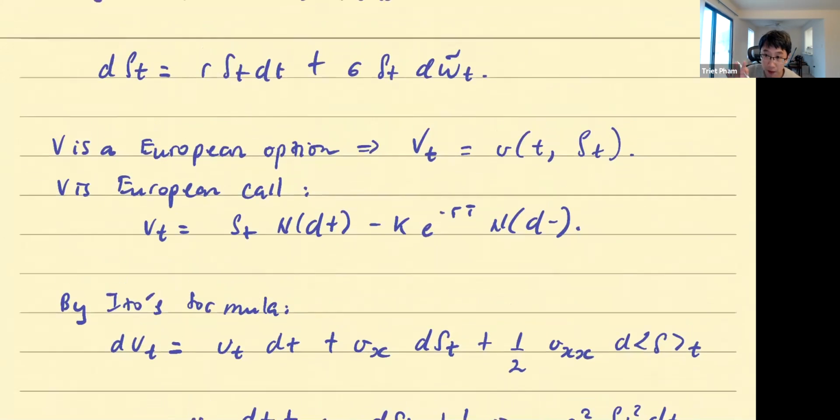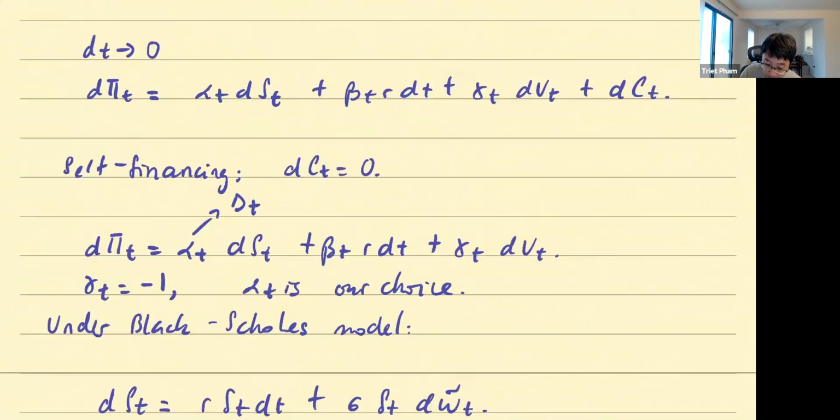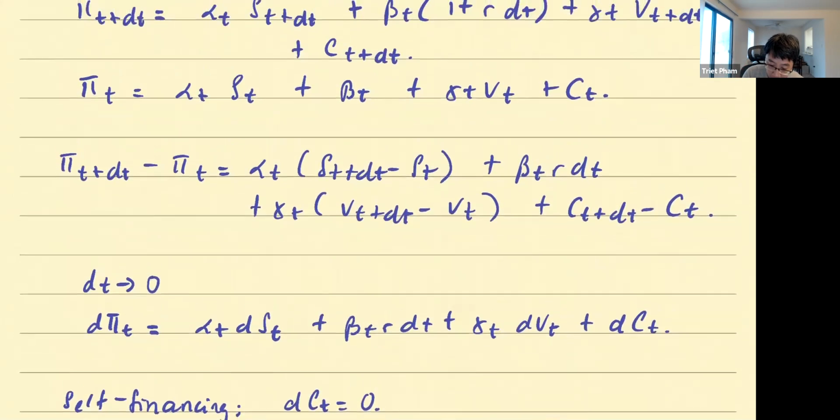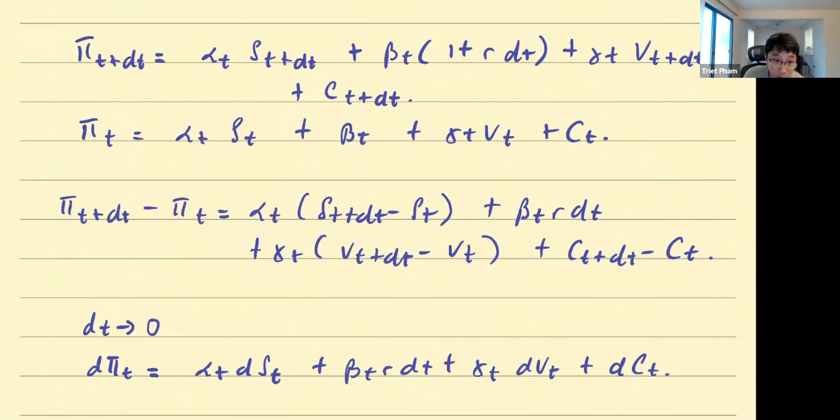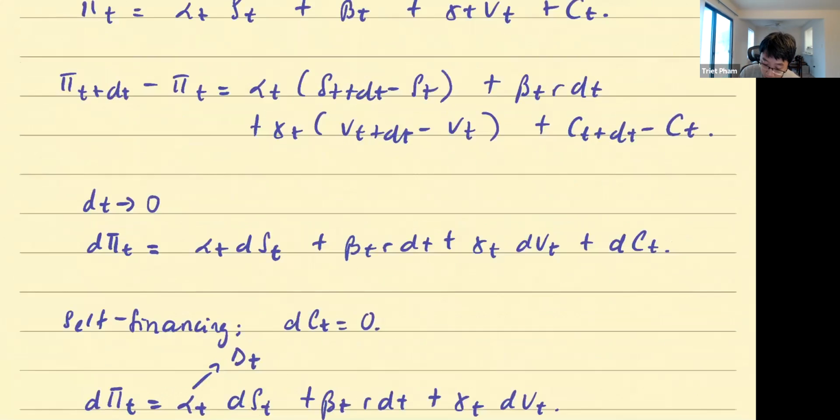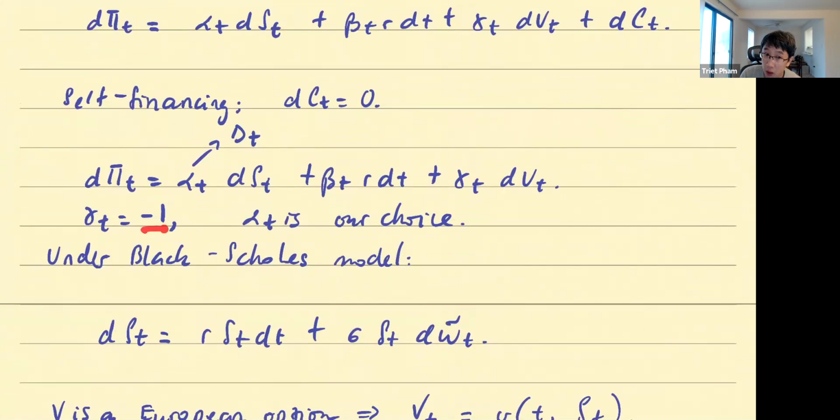So the point is this, right? Again, the point is this, that the new object we're introducing is this portfolio right here, okay? Put yourself in the position of a trader who just short sells one share of the derivative. You just sell to someone a call option. What do you have to do?